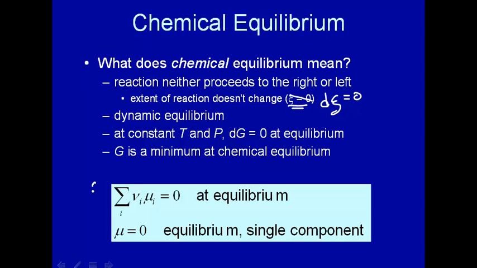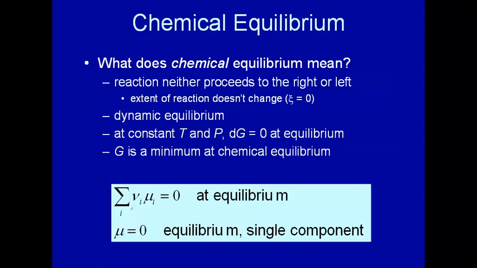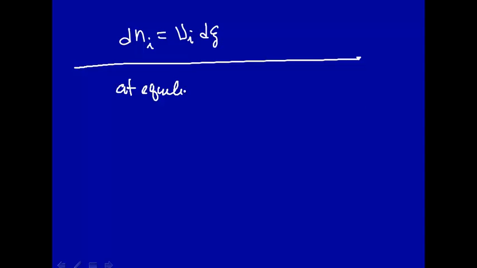Now let's look at these two equations and see what we can glean from them. As we said, at equilibrium, dG is equal to 0, so G is not changing.